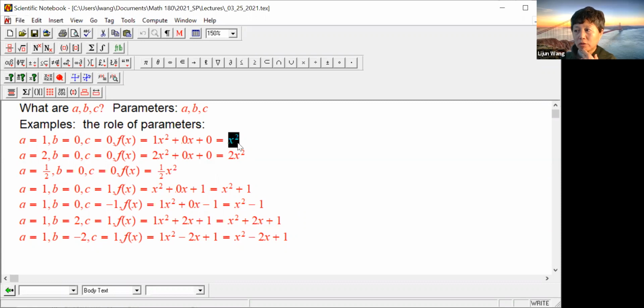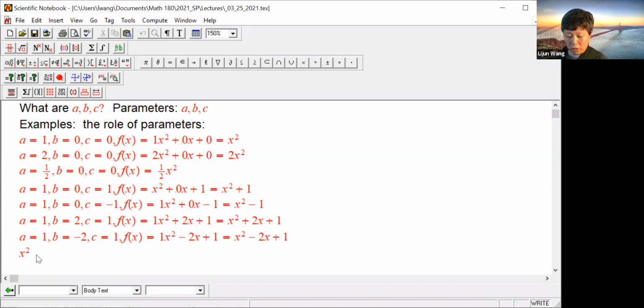These are the functions that we're going to study next. We certainly know x squared, don't we? Did we graph x squared? I think we did.